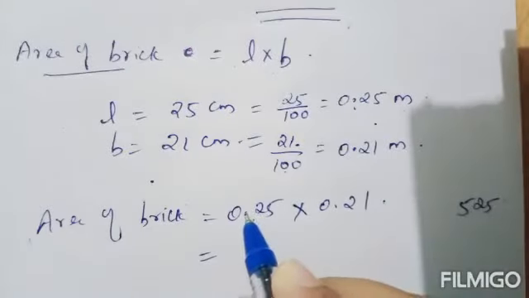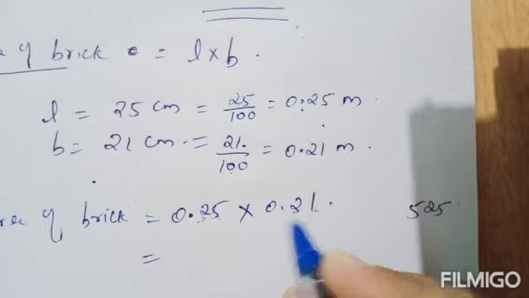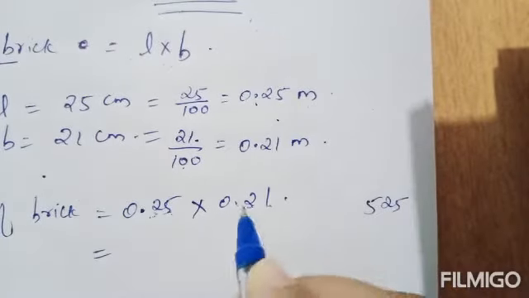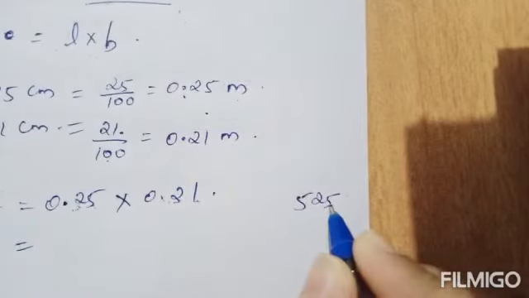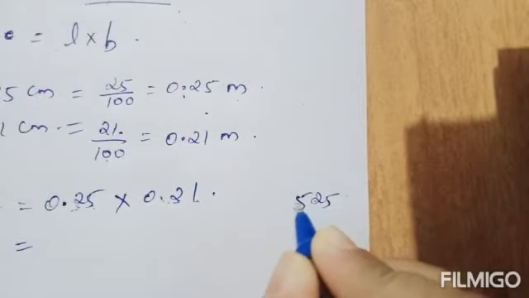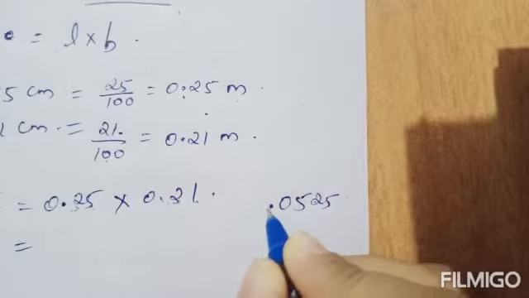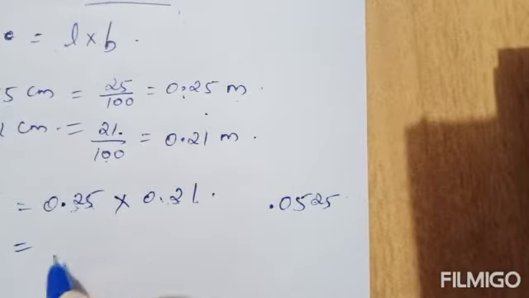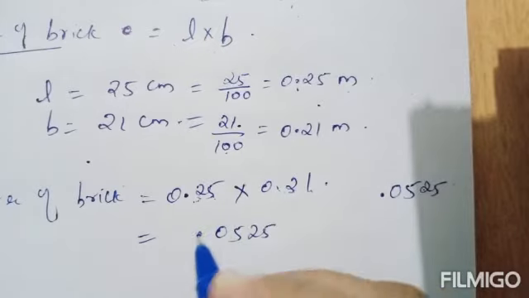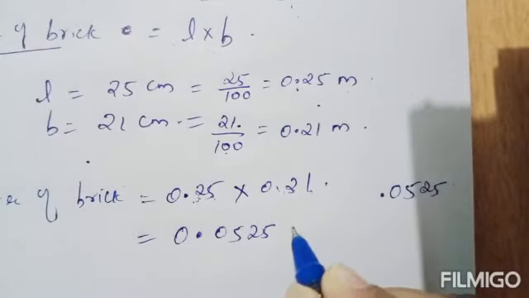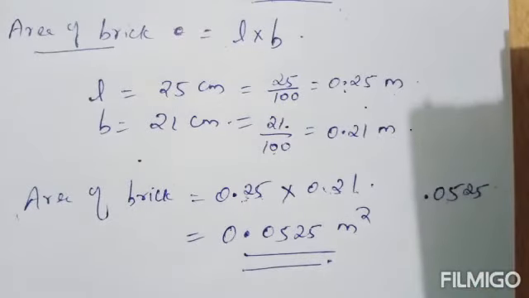But here after the decimal point there are 2 digits, and here also 2 digits after the decimal point. So in the answer, a total of 2 plus 2, 4 digits should be there after the decimal point. You can count from the right side: 1, 2, 3, and for the fourth one you have to put 0 here. Then only the decimal point will come. So the answer will be 0.0525 meter square. This is the area of brick.